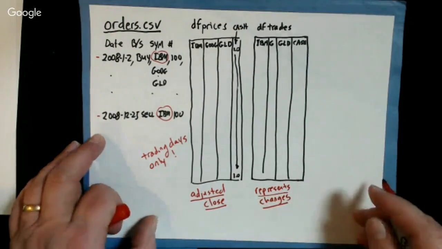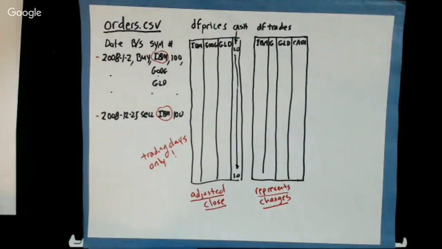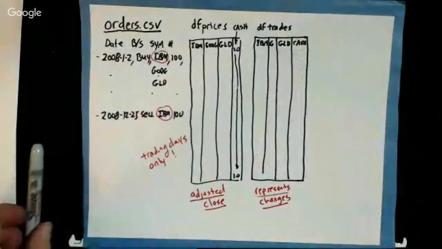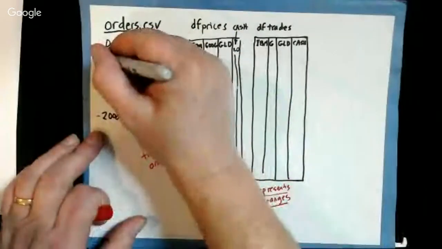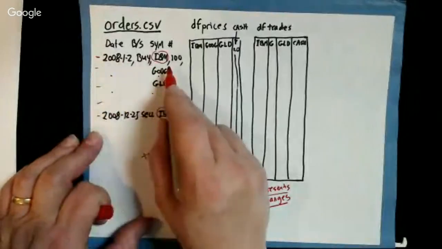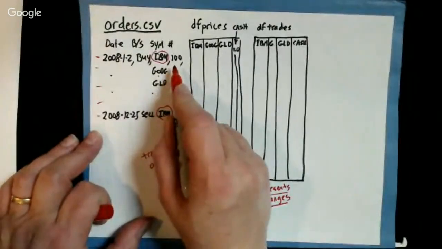Okay, so here's how we populate it. We step by step go through our orders file, step by step. And each line, of course, represents a trade.